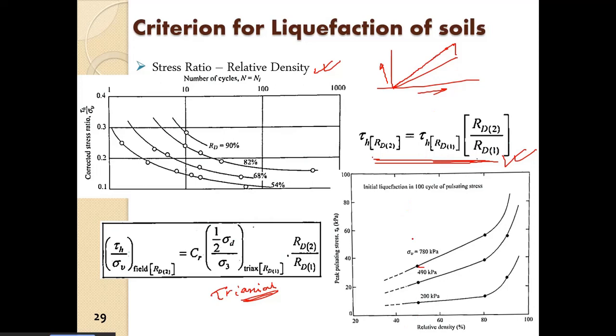And here also similarly we see a linear relation to the relative density for the various pulsating stresses, or the stress ratios. All right, horizontal stress to the vertical stress ratio, shear stress to the vertical stress ratio, tau h by sigma v, and this is the number of cycles. All right, so for different relative densities we can interpolate.